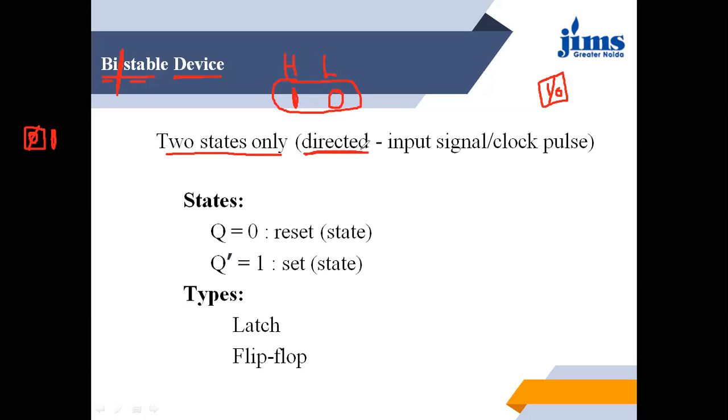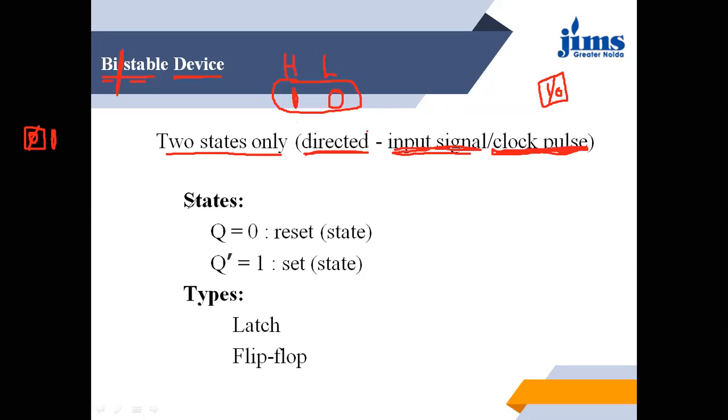The value is going to be changed based on the input signal as well as the clock pulse. We will discuss the clock pulse within a moment. So the value of the device is going to be changed based on either the input signal, means whatever values we are giving, or a different signal that tells the device to now change the value.